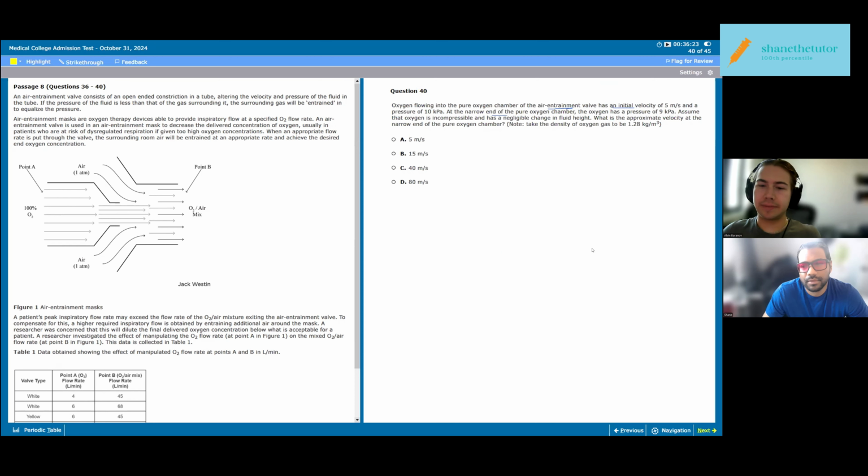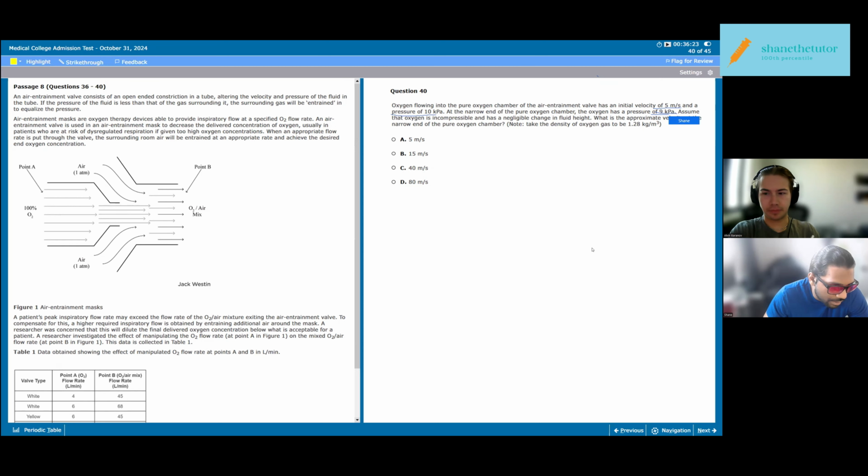Okay, last one. Oxygen flowing into a pure oxygen chamber of the air entrainment valve has an initial velocity of 5 meters per second and pressure of. Now they're giving us pressure, so this is probably Bernoulli. At the narrow end of the pure oxygen chamber, the oxygen has a pressure of 9 kilopascals.